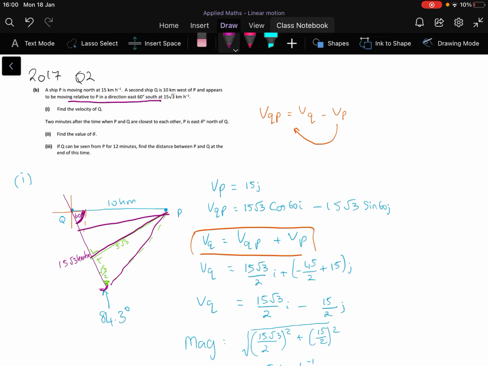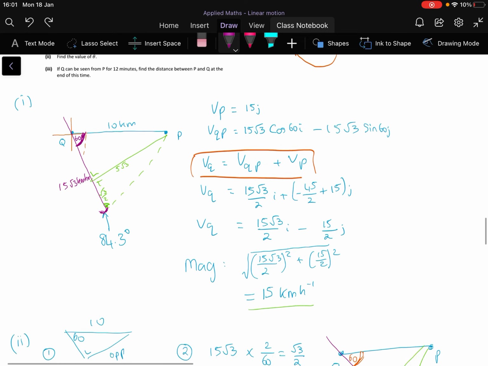So what they're looking for is they're looking to find the distance between Q and P at the end of this time. So they want to find this distance here between Q and P when they're still visible, but just before they stop being visible. So that's the length of that line is what I'm looking for when I know that this is 6 minutes. So that's the aim there.